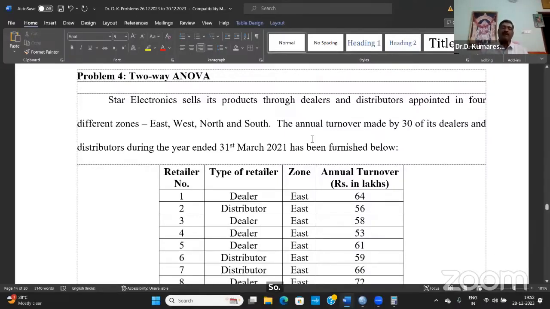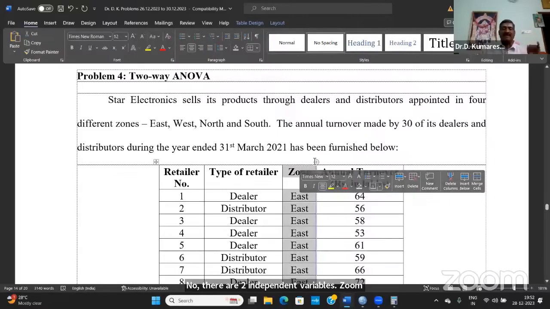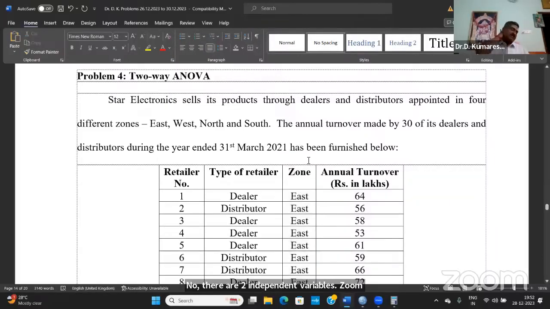The annual turnover of each retailer is given. It is given in rupees. So it is scale data. Dependent variable is scale data. Now there are 2 independent variables. Zone contains 4 categories: east, west, north, and south. There are four categories, more than 2. More than 2 means we have to go for ANOVA. One way or two way?